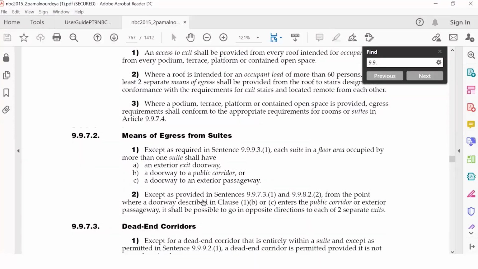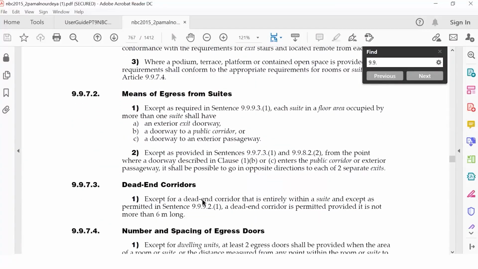So means of egress from suites. Except as required in 99931, each suite in a floor area occupied by more than one suite shall have an exterior exit doorway, or a doorway to a public corridor, or a doorway to an exterior passageway. So each suite is independent, and suites need to be separated from each other.